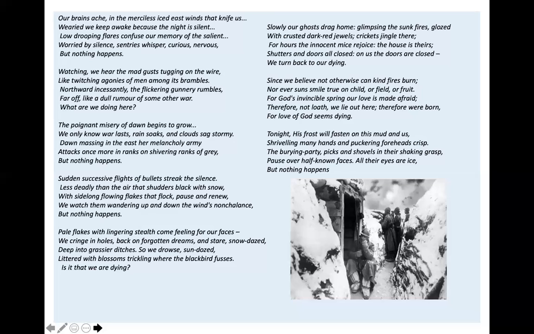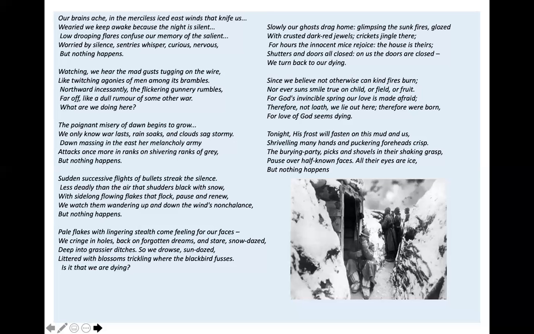Dawn is described as having an army, and it's a melancholy army. So it's a very deeply sad army. So there's quite a lot of imagery of sadness, semantic fields of depression, melancholy, misery, poignant. All these adding to this idea of futility and the horrid, ugly side of war.